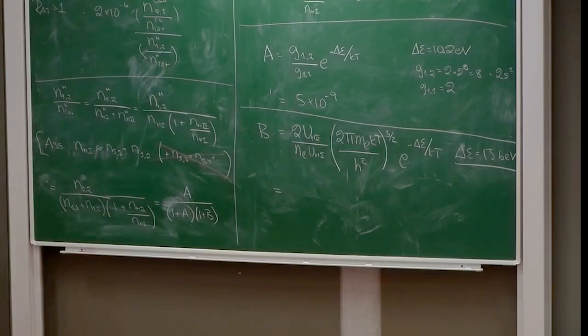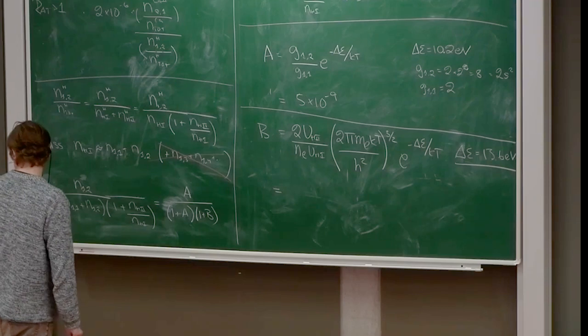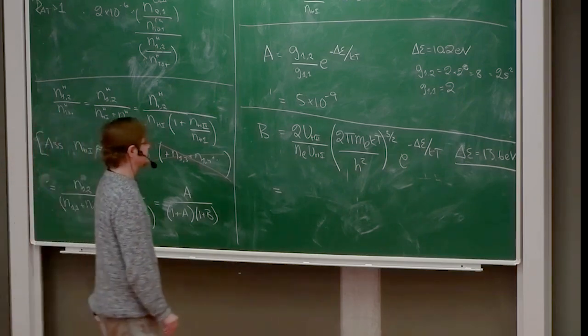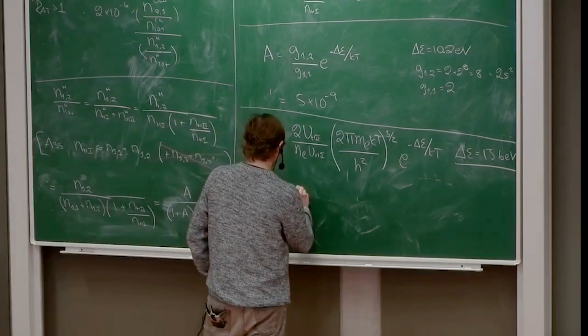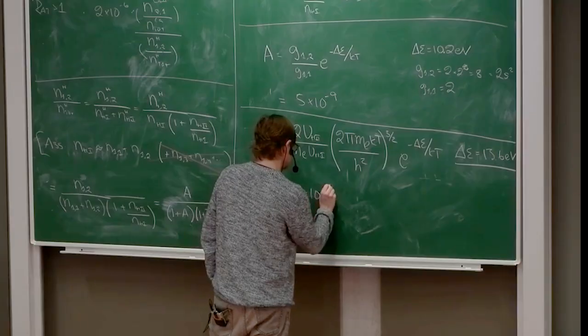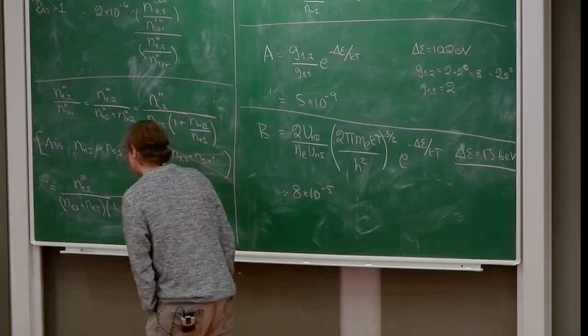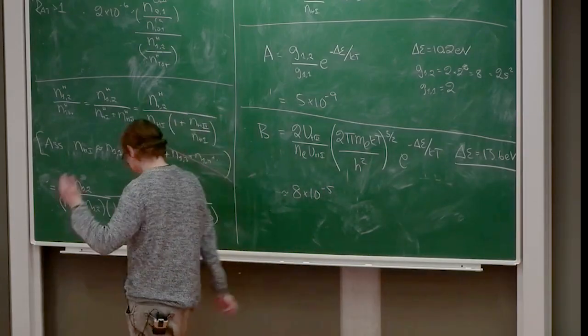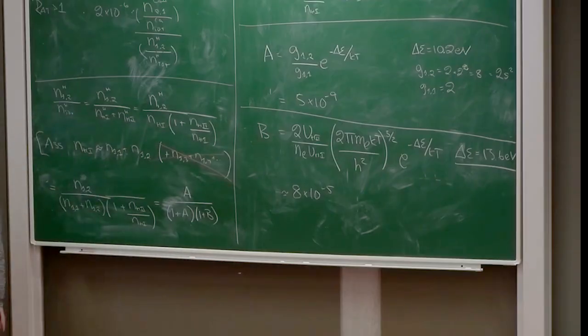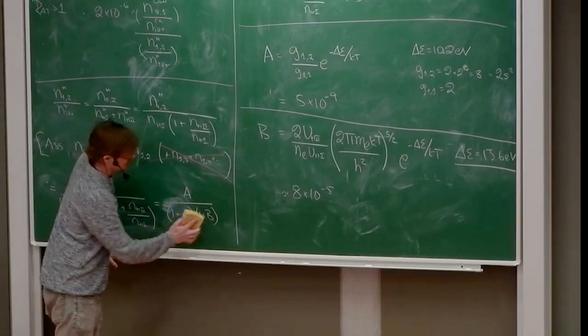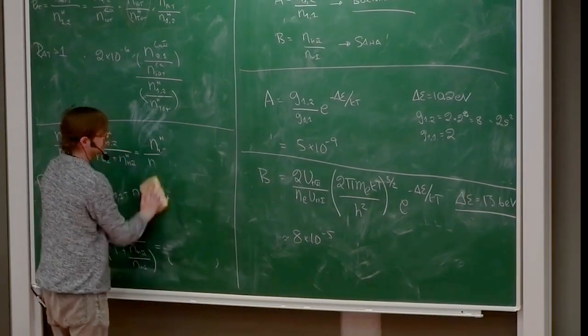One can simply put it in a little program at least. Then in this case, this comes out as 8 times 10 to the minus 5. What does this say? Well, it says indeed what we have had before, that hydrogen in the solar atmosphere, around 6000 Kelvin, is mostly neutral.